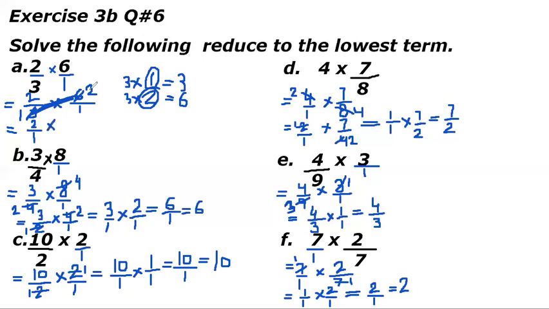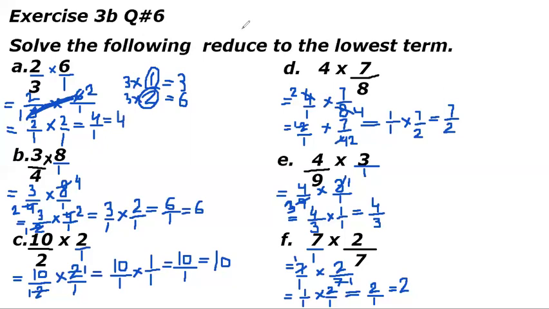Then in the next fraction, 2 is in the numerator and 1 in the denominator. Okay, now multiply numerator with numerator and denominator with denominator. 2 times 2 gives us 4 and 1 times 1 gives us 1. 4 by 1 is equal to whole number 4, and this is our answer.